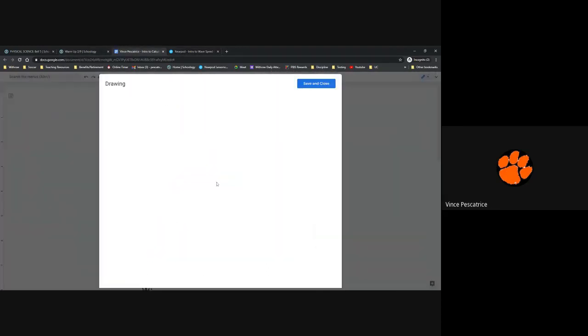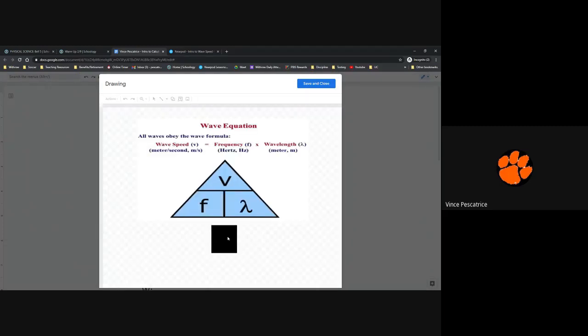If you double click on the picture, it demonstrates for you how that works. If the question is asking you to find the frequency, you cover up frequency, and you are quite literally left with V over wavelength: speed divided by the wavelength.